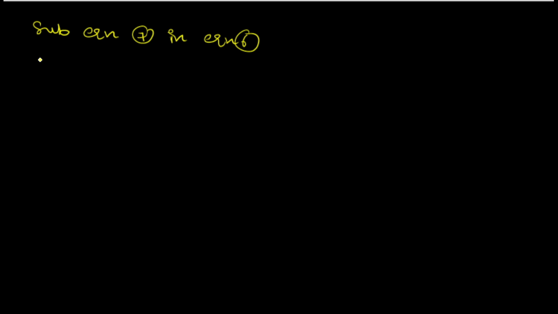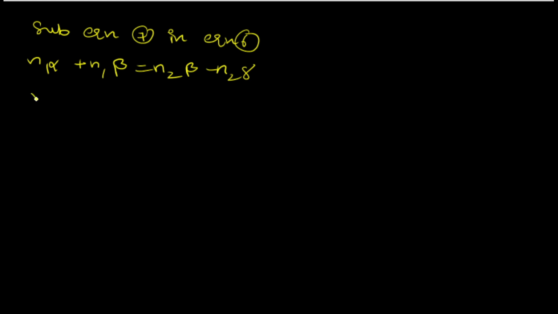What is equation number 6 we have? It is n1 alpha plus n1 beta is equal to n2 beta minus n2 gamma.